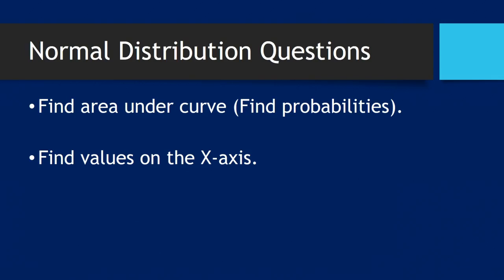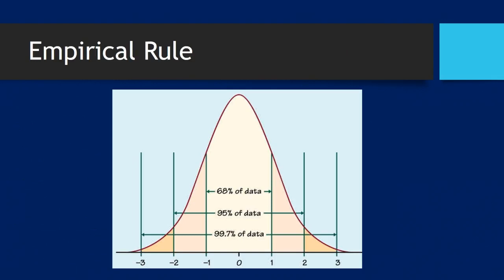One of them, this top one, I'm going to be giving you x values, and then you're going to find the area underneath the curve. The second one, I'll be giving you an area under the curve and asking you to find the actual x values. So I say x values because when you go back and we look at a normal curve, these values will be either x values or z values, right?